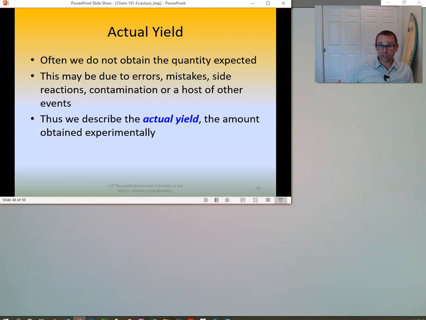But then actually, how much it actually makes is a completely different story, right? Sometimes the cookies are bigger or smaller. Almost always, though, it never makes as much as it says it's going to make. And so the actual yield is different than the theoretical yield. For chemistry, the reasons why the actual yield might not be the same as the theoretical yield is because the chemicals might stop reacting after a while.